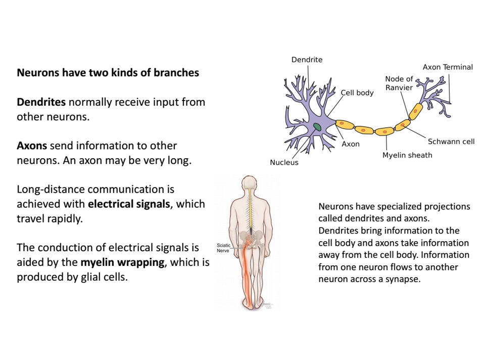The conduction of these electrical signals is aided by what's called myelin wrapping. This is a kind of wrapping that's produced by glial cells. Recall that glial cells are support cells. So for example, in this picture here, we see a specific type of glial cell called a Schwann cell, which is found in the peripheral nervous system, which we'll talk about more later.